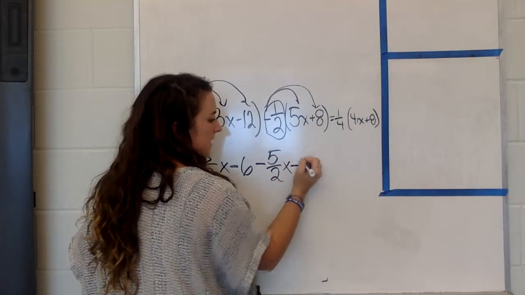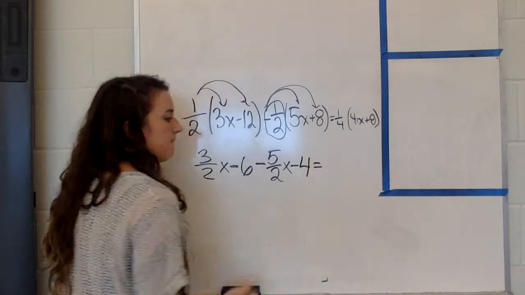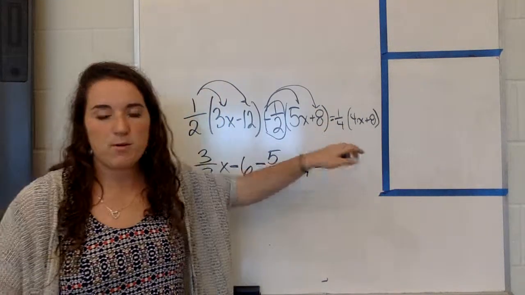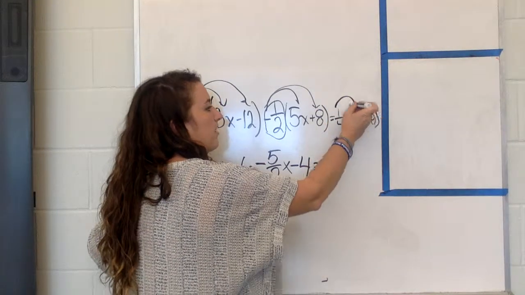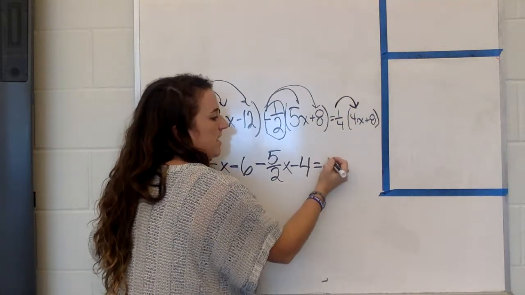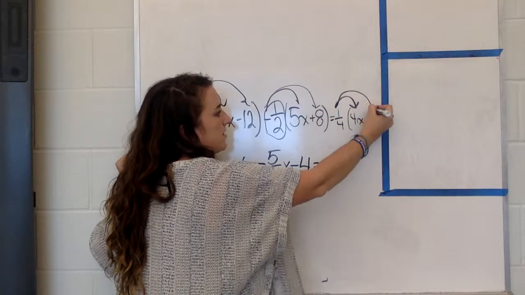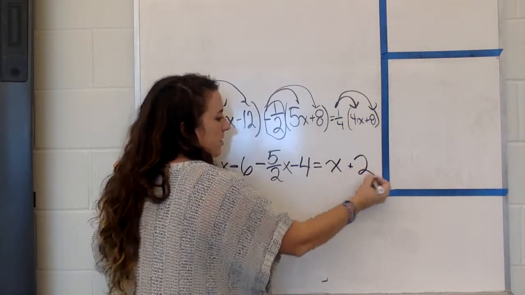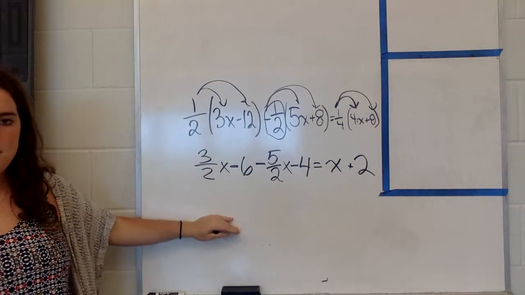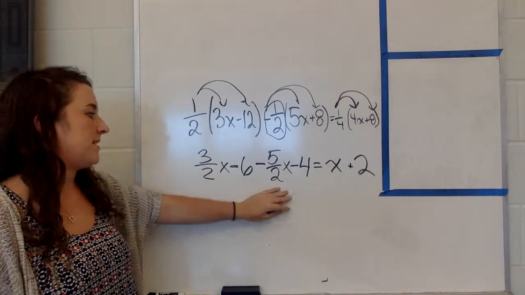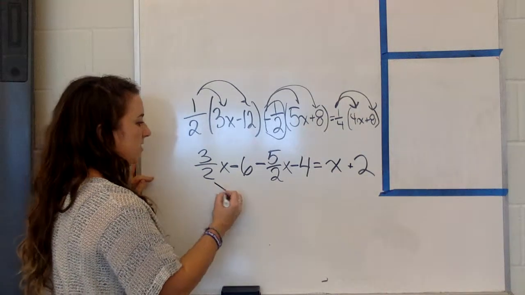So this becomes negative 4, which equals, we have one more problem to distribute. 1/4 times 4x, same as dividing by 4, so it's just x plus 1/4 times 8, same as dividing by 4, so just 2. Now that we have that, we can simplify by combining like terms.